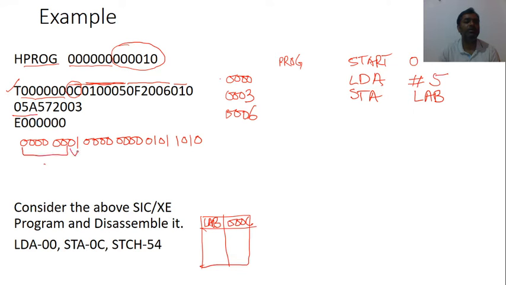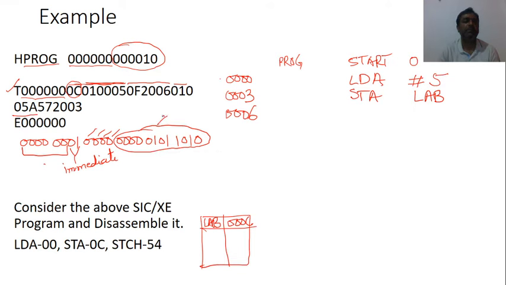If I put this into format 3, this will be the opcode. NI is 01, so there is immediate addressing. So X, B, P and E are 0, and this will be our immediate operand. What is the value of the immediate operand? 05A in hexadecimal.